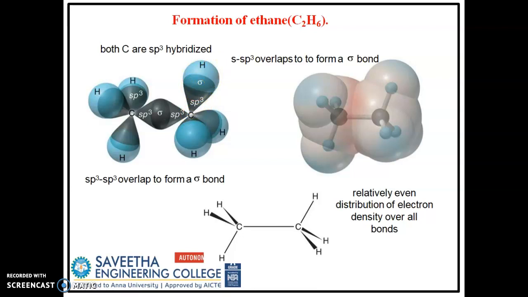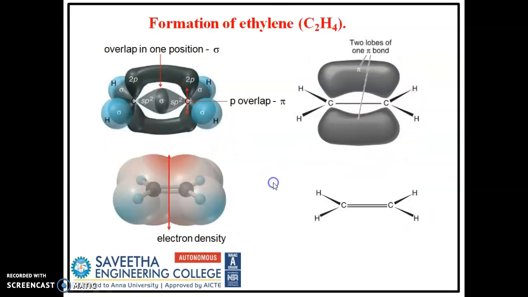Of the two sigma bonds, one is an sp sigma bond and the other one is a pp sigma bond. That is, the pp sigma bond is formed between the two carbon atoms and the sp sigma bond is formed between carbon and hydrogen.